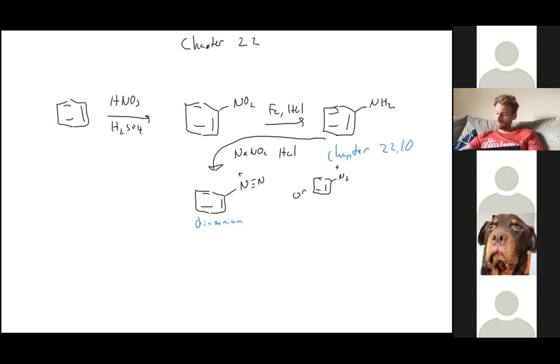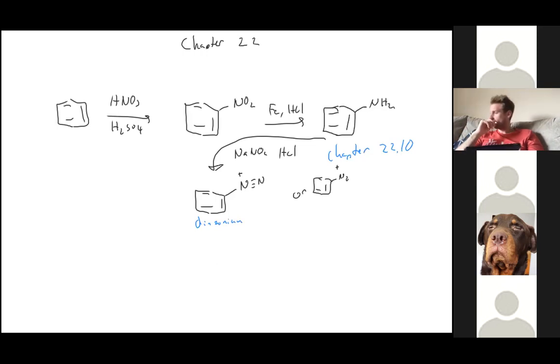And we're not going to cover mechanisms for any of these because they're complicated. Most of these are going to be fairly boring.